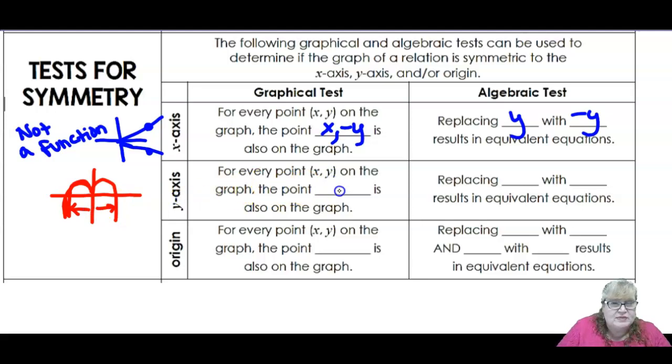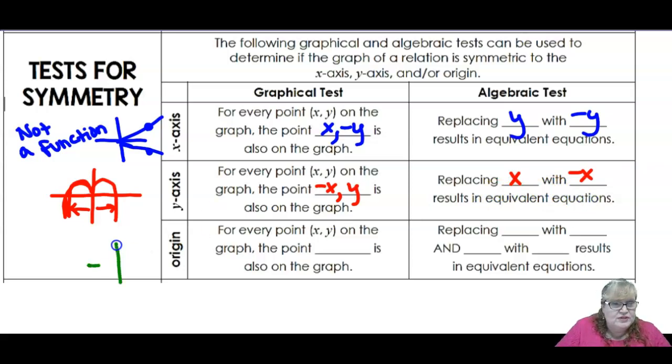So for y-axis symmetry, for every point like 2, -2, there has to be a -2, -2. So the x changes sign to indicate a left or right. So every time you replace an x with the opposite of x, it has to result in an equivalent equation.